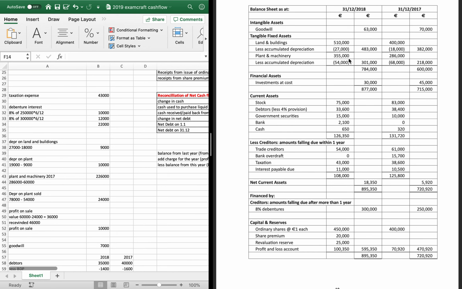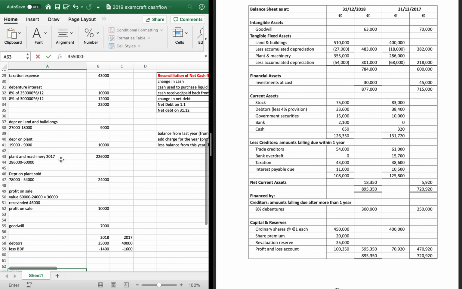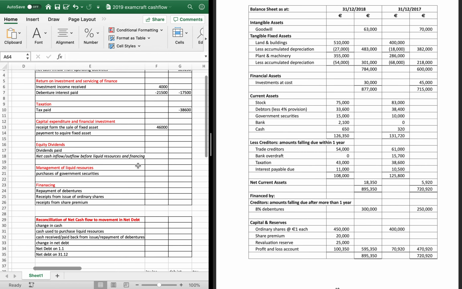So if this was 226 and this is 355, well then the difference between the two of those, so between the 355 and the 226, is 129,000. Now, that's the payment to acquire the machinery. I'm going to put that in as 129. So payment to acquire fixed assets 129.